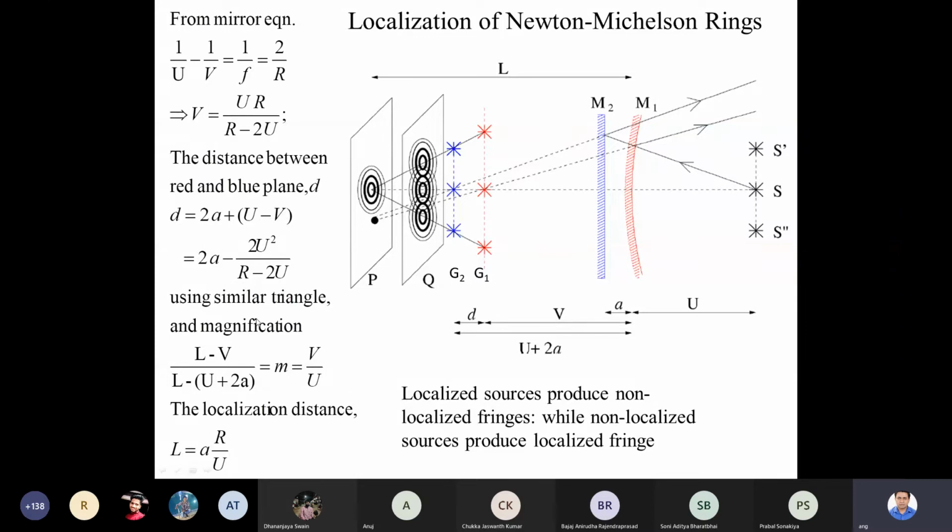You can also use the similar triangle method and find the magnification. You can use these two triangles here. So L minus V, this L is the distance of the localized plane where you have these fringes. This L is very important. You have to find L where you can have localized fringes. So a localized source produces non-localized fringes, while a non-localized source produces localized fringes. This is very important.